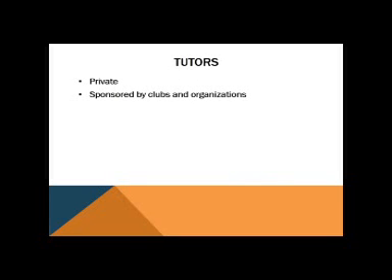Now another thing that's helpful to improve your grades is having a tutor. You can either on your own find a private tutor, and those can range from being free to maybe up to $20, $30 an hour depending on the class. And also some clubs and organizations sponsor tutoring for free in your core classes, so that's definitely something you should check out.